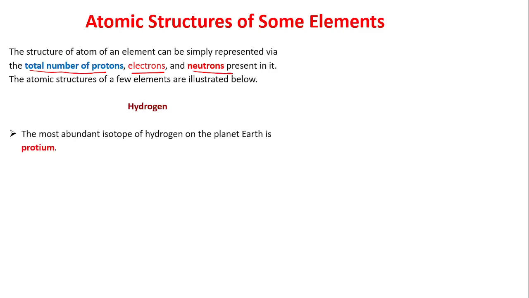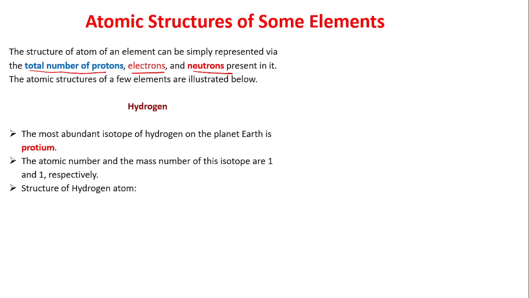If you look at hydrogen, the most abundant isotope of hydrogen on Earth is protium. Remember, protium has 1 proton and no neutron. Then the atomic number and the mass number of this isotope are 1 and 1 respectively, because it has no neutron.